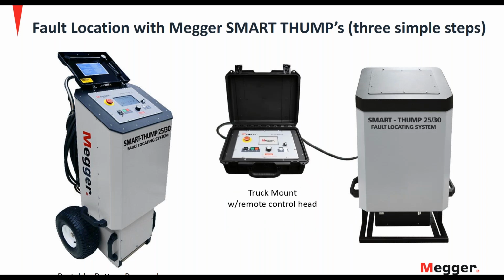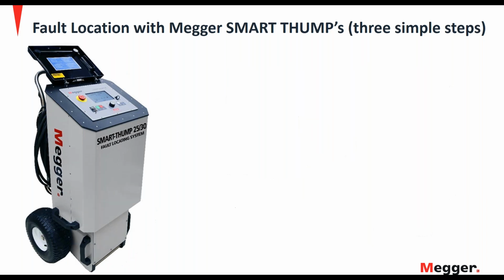Here you see it with a control head that's on an umbilical cord, where the control head can be mounted separate away from the thumper itself. And all of the Smart Thumps have an integrated TDR, time domain reflectometer, or radar.